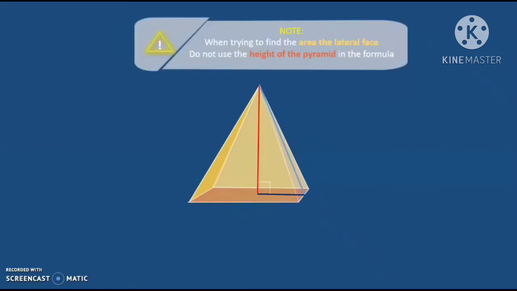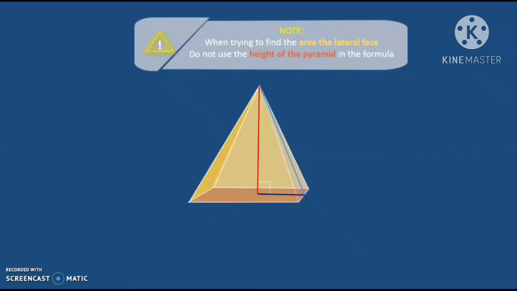It is important to remember that when you are looking for the surface area of a pyramid and you are trying to find the area of the lateral faces to add to the area of the base, you cannot use the height of the pyramid to find the area of the lateral faces.